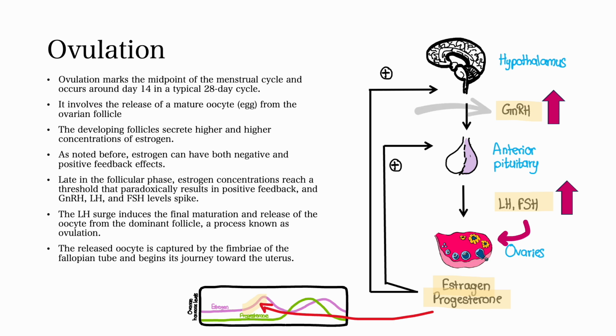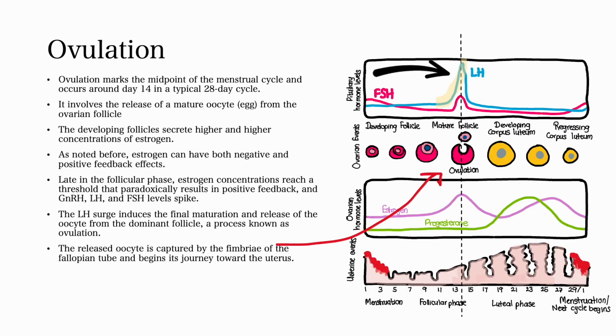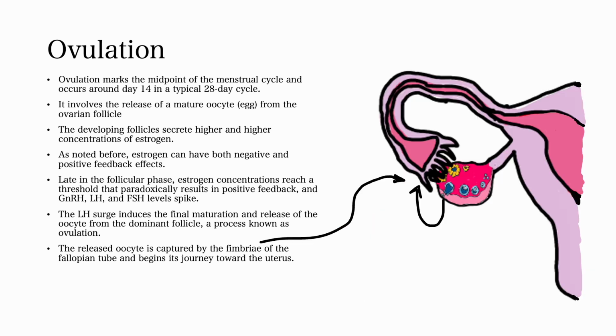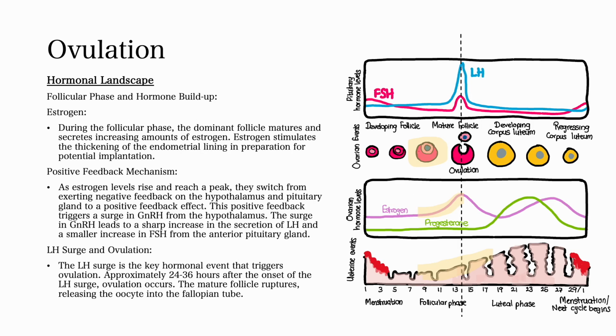This causes gonadotropin-releasing hormone, luteinizing hormone, and follicular-stimulating hormone levels to spike. The LH surge induces the final maturation and release of the oocyte from the dominant follicle, a process known as ovulation. The oocyte is captured by the fimbriae of the fallopian tube and begins its journey towards the uterus. Let's consider the hormonal landscape during ovulation.